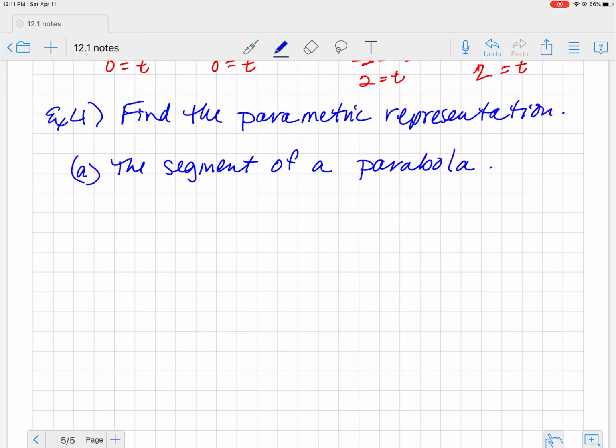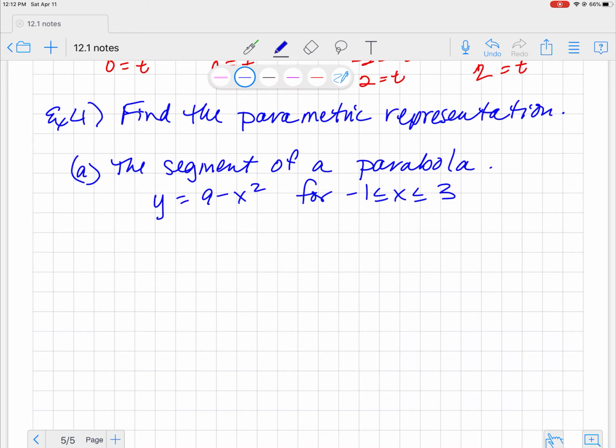I'm given y equals 9 minus x squared, and specifically this segment is being taken from -1 less than or equal to x, which is less than or equal to 3.